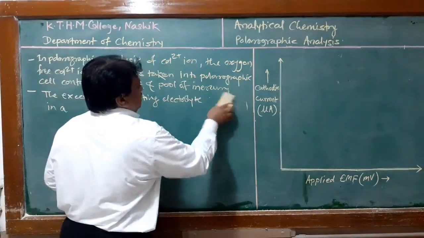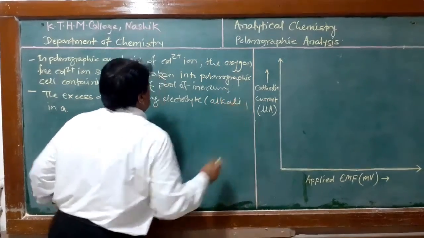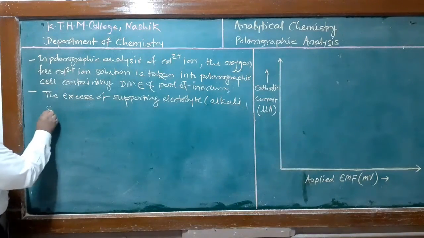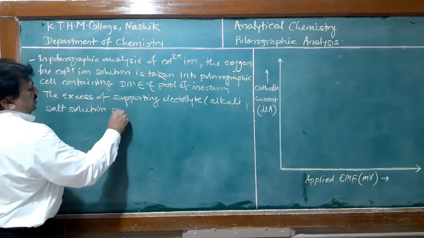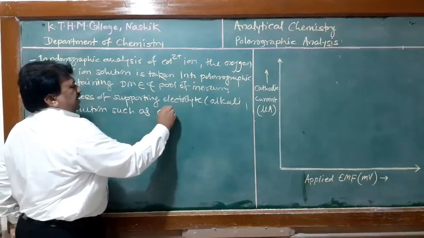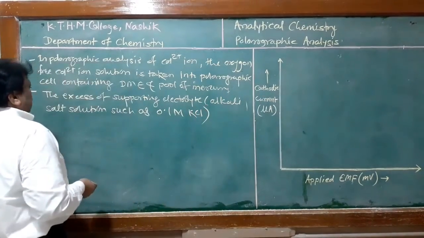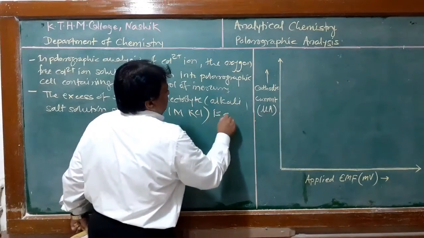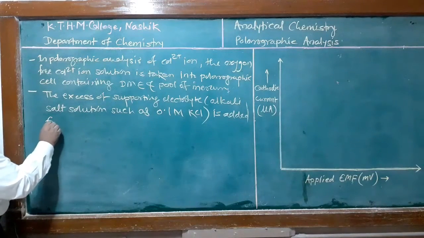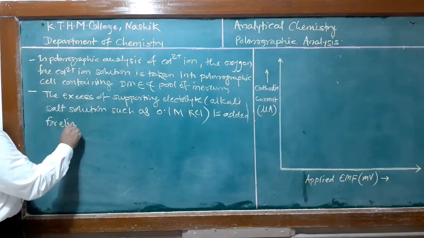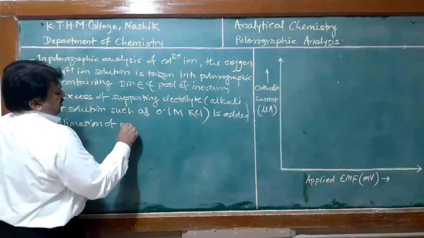Supporting electrolyte means an alkali salt solution, such as 0.1 normal or molar potassium chloride solution, is added for elimination of migration current.